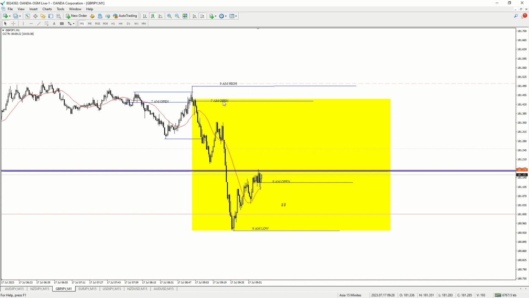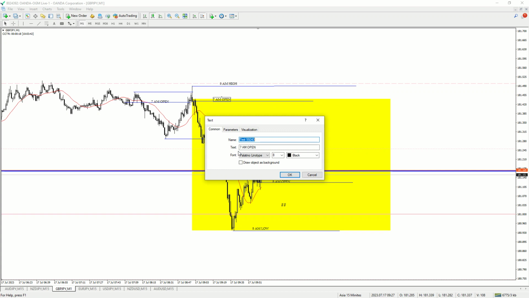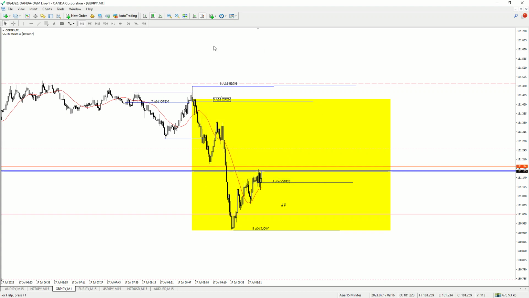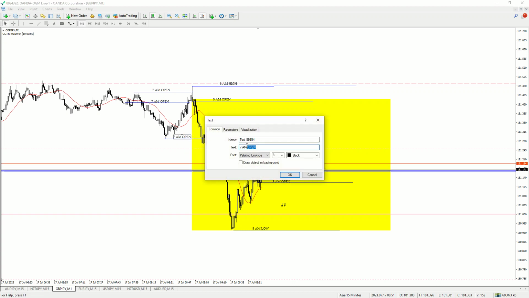And this is 8 o'clock open, not 7 o'clock open, 8 o'clock open. This is 8 o'clock open, and this is the high of 7, and this is the low of 7. So we just have to put in these numbers. This is the low.